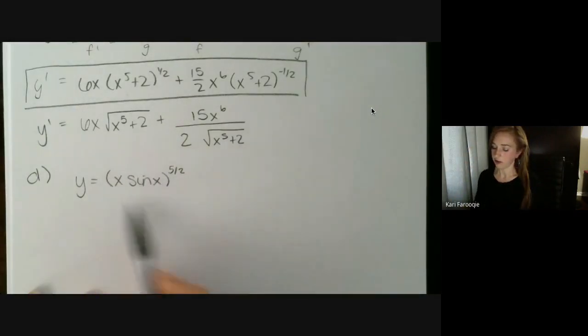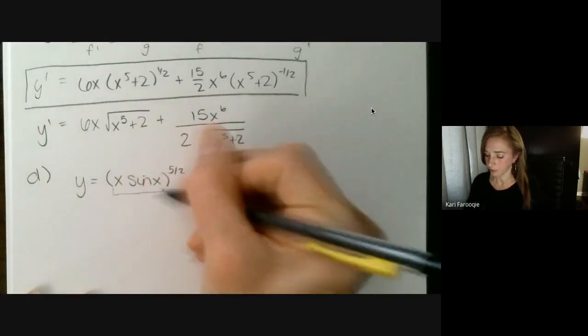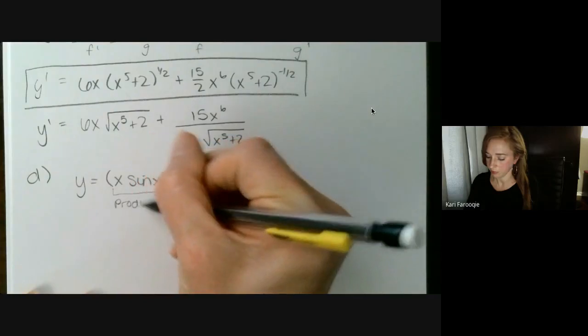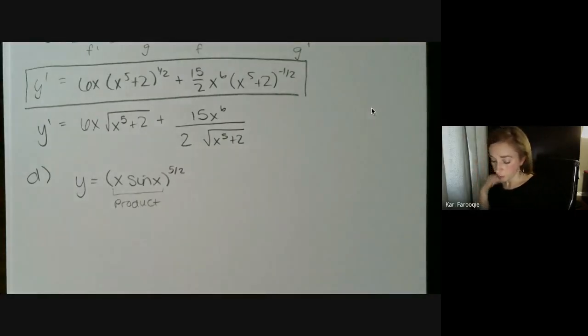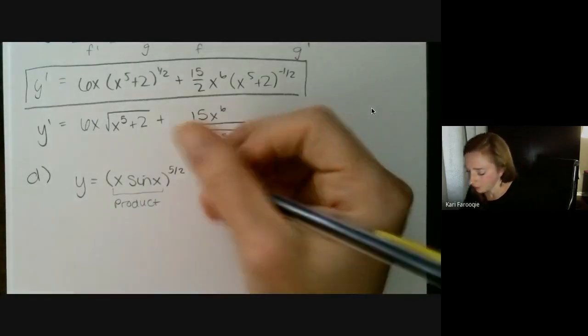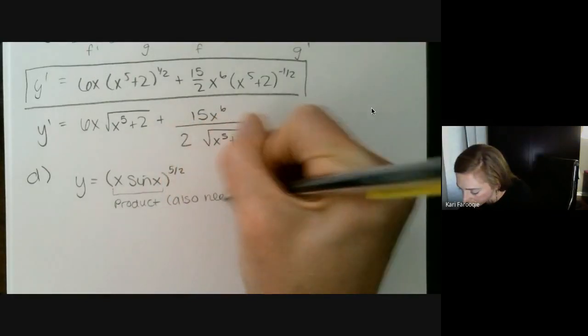You have a product that's being taken to a power. Now, when you take the derivative, it's going to look very much like x to the 5/2, but you're going to have to chain on the derivative of the inside function. So we're going to say it also needs the chain rule.